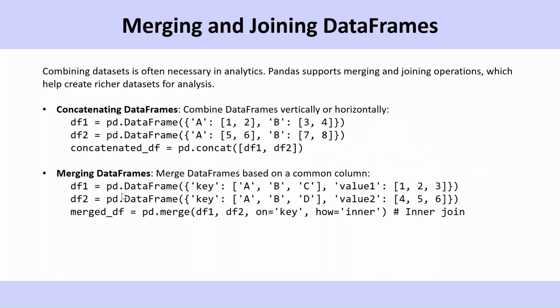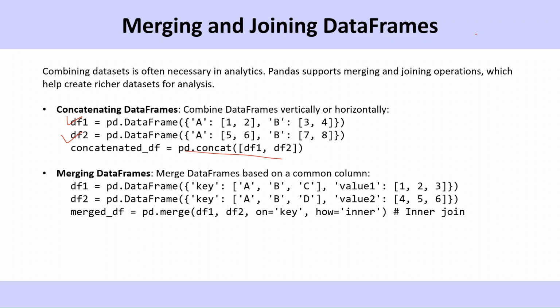So, if we have to concatenate data frames, or we can say combine data frames either vertically or horizontally, we can do that using Pandas. So let's say we have two data frames named df1 and df2 and we concatenate them. So what do you think will be the output of this concatenation?